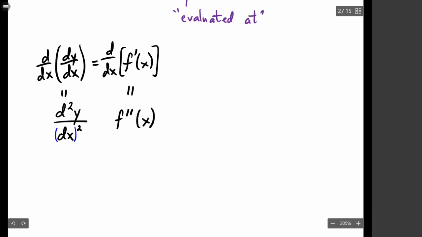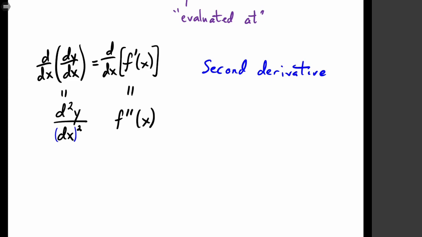So what do you think this is? Well, we took a derivative of a derivative, so it makes sense to call this a second derivative. The second derivative also conveys really useful information about the function, and it has really important applications.